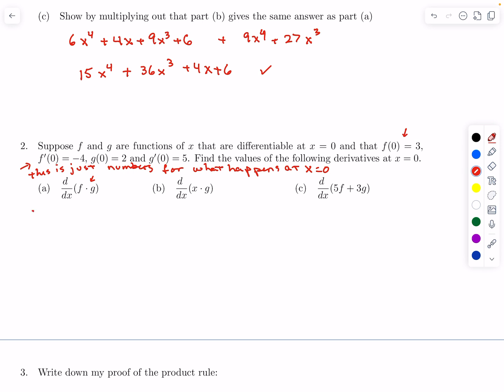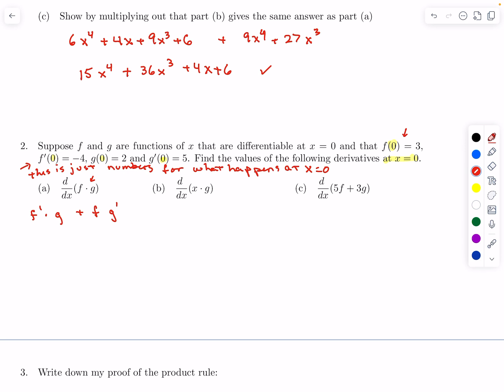So let's just write the formula down first. F prime g plus f g prime. Now it says at x equals 0, so we're all good, because it gives you f of 0, and if these don't match, we're stuck. We don't have the information we need.